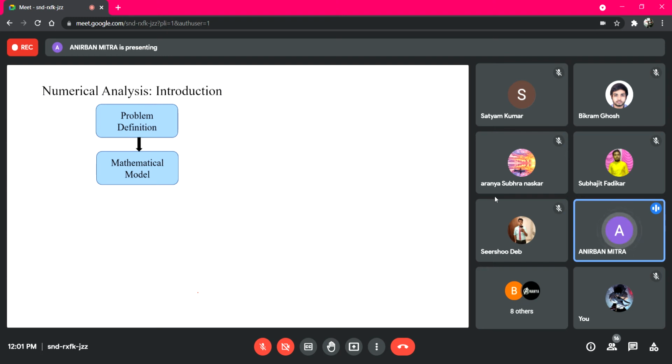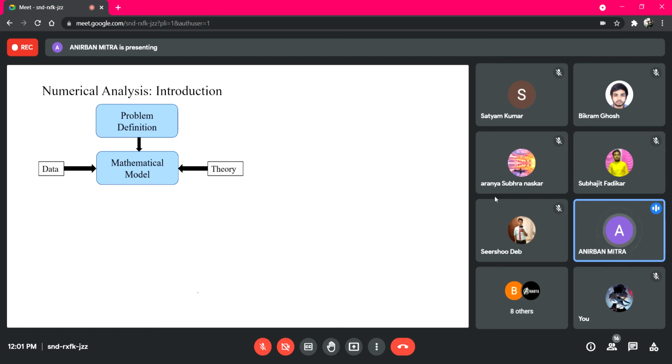Now, these mathematical models are obviously based on scientific theories. The case under consideration now, it was derived from Newton's second law. So, it is based on scientific theory. Any mathematical model would be based on scientific theory.